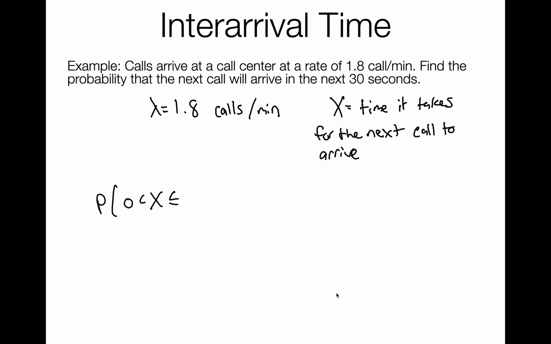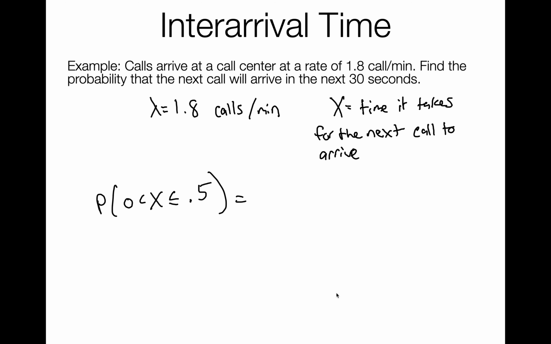Lambda is in terms of minutes, but what I've asked is in seconds. So we have to change those seconds to minutes, and that's half a minute. So the probability I'm interested in is the probability that x is between 0 and 0.5.